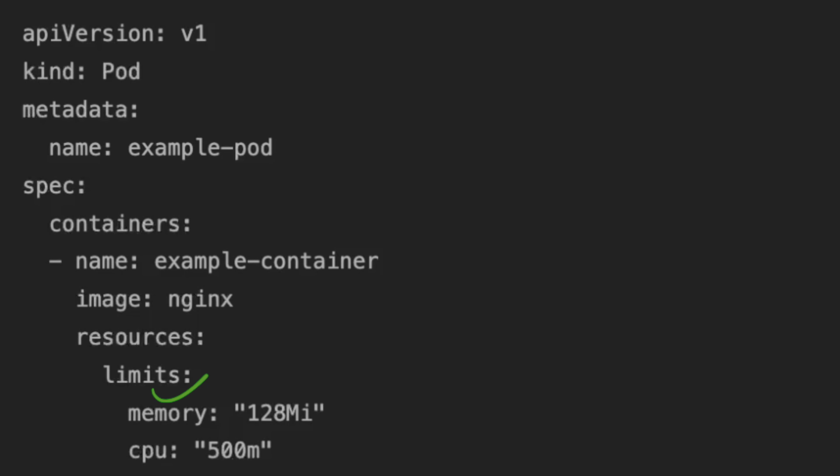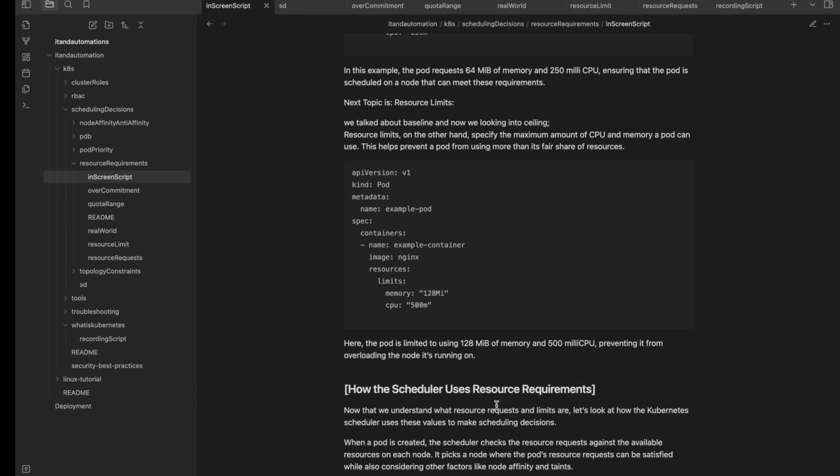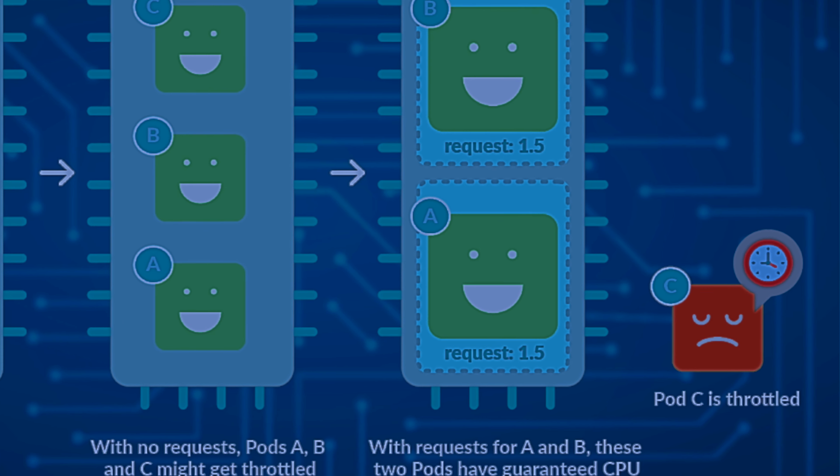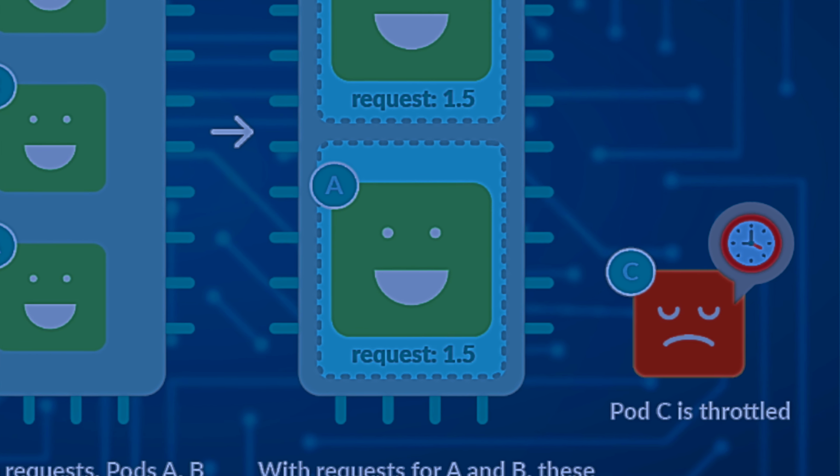So the next topic is resource limit. We talked about the baseline, and now we are looking at the ceiling. The resource limit, as opposed to the resource request, specifies the maximum amount of CPU and memory a pod can use. This helps prevent a pod from using more than its fair share of resources.